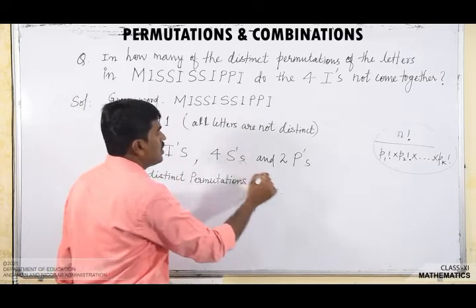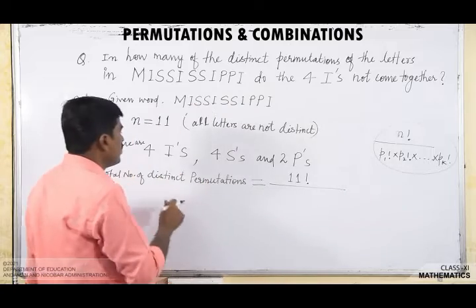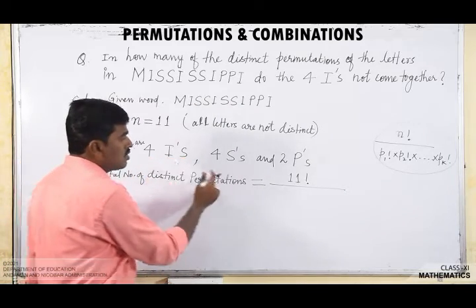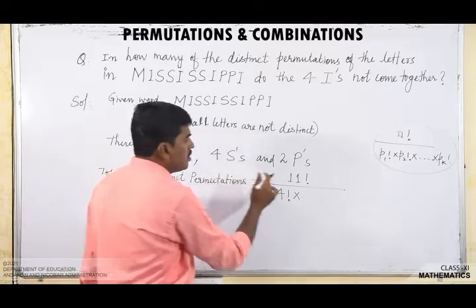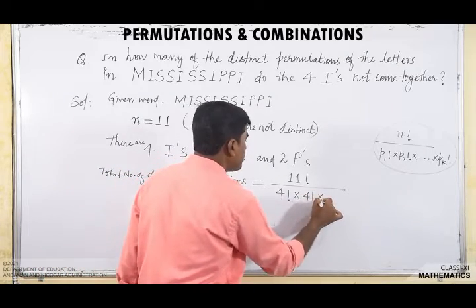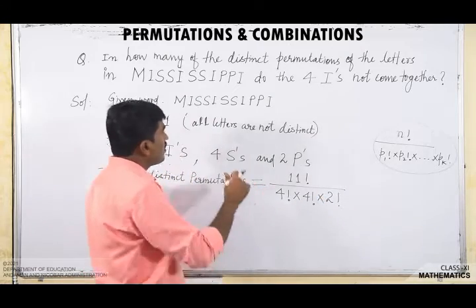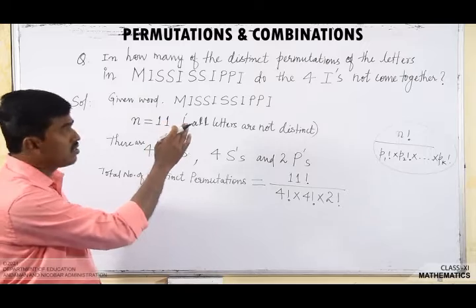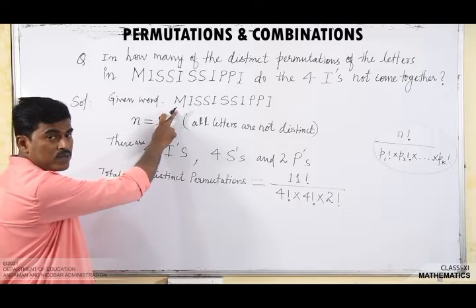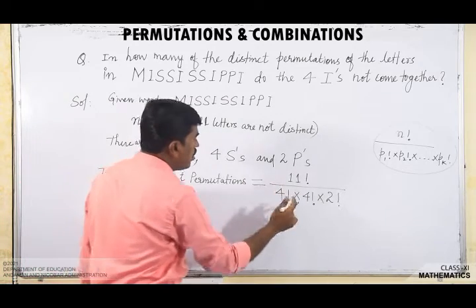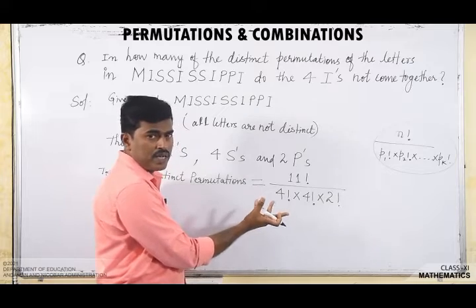So the value of n is 11, so we will write 11 factorial divided by 4 factorial, as 4 i's are there, into 4 factorial, as 4 s's are there, into 2 factorial, as 2 p's are there. The rest of the letters are different; only one letter remains, that is m, and it appears only once.